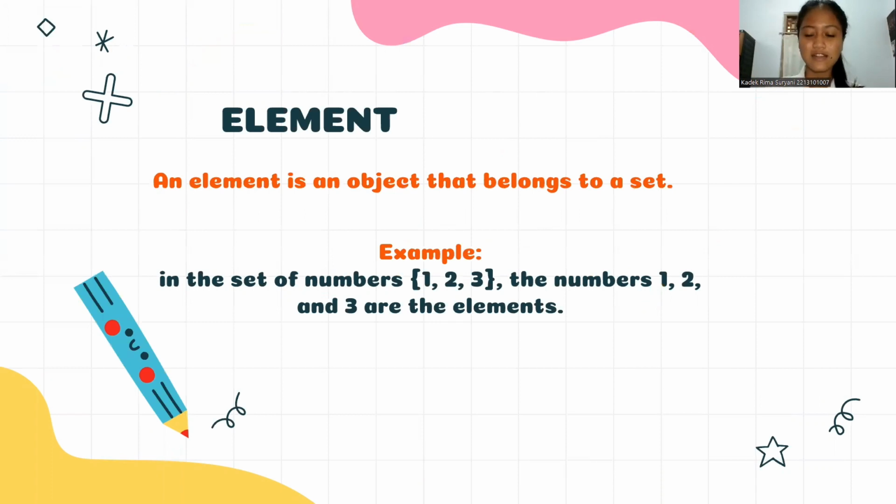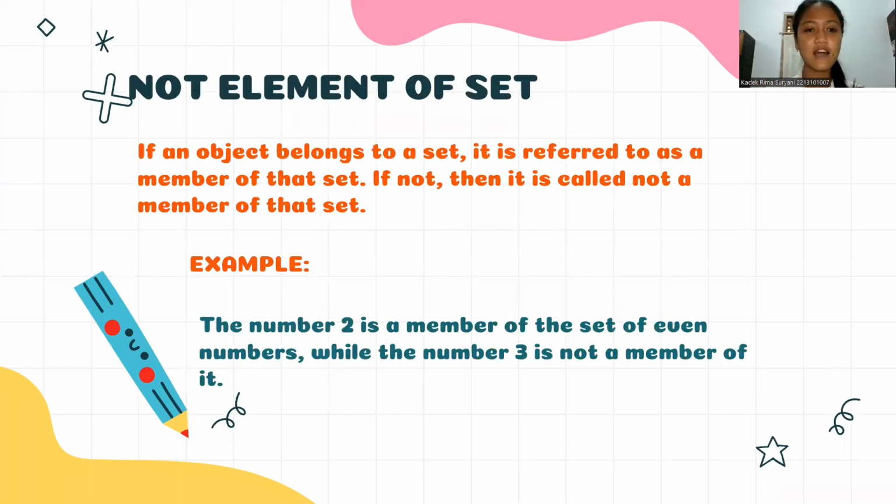Okay, next is not an element of the set. If an object belongs to a set, it is referred to as a member of the set. If not, then it is called not a member of the set. For example, the number 2 is a member of the set of even numbers, while 3 is not a member of it.